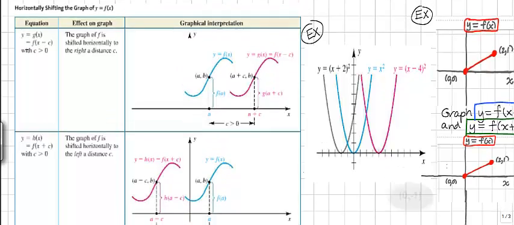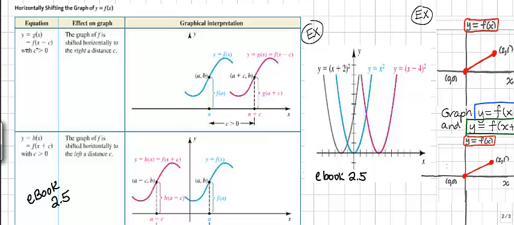All right, now let's take a look at a related concept, which is horizontal shifting. The figure that you see before you is also from your ebook, section 2.5. And so let's talk about horizontal shifting. With horizontal shifting, it's sort of backwards from what you think.